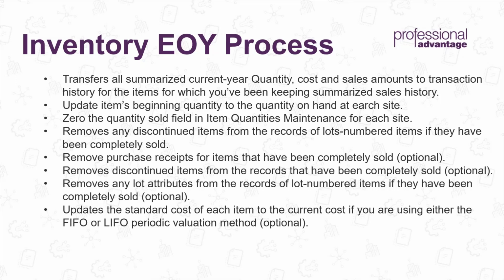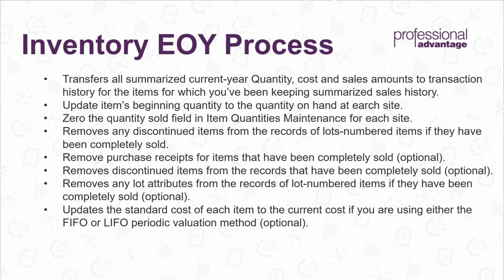So this remove discontinued items is one of the options on the inventory end of year process window. And also, purchasing receipts for items that have been completely sold can be removed as an option. Remove any lot attributes, if you use lot numbers in the GP inventory module, from the records of the lot number item.